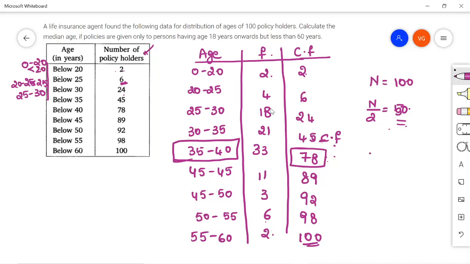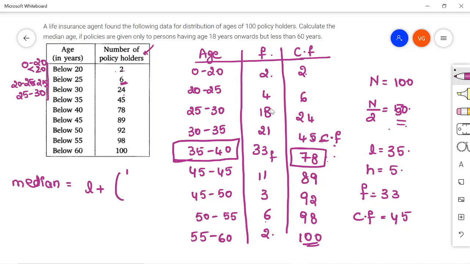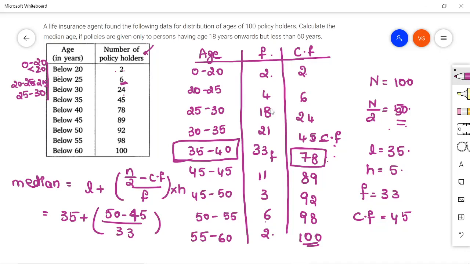Now we will write L is equal to 35, H is equal to 40 minus 35, 5. The corresponding frequency here is 33. Cumulative frequency is 45, right? This is the data. Now to find the median, substitute in the formula L plus n by 2 minus cumulative frequency divided by frequency into H. So it will be L is 35 plus n by 2 means 50 minus cumulative frequency 45, divided by 33 into 5.